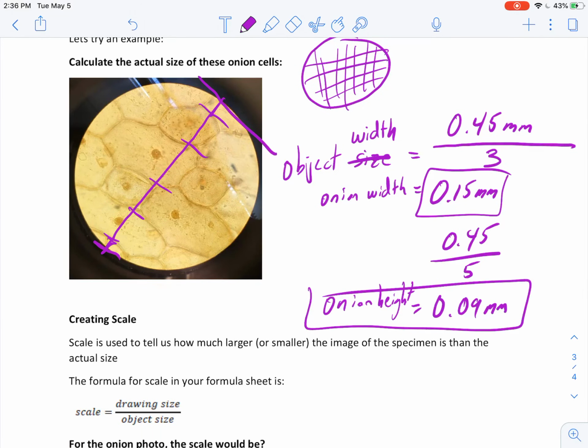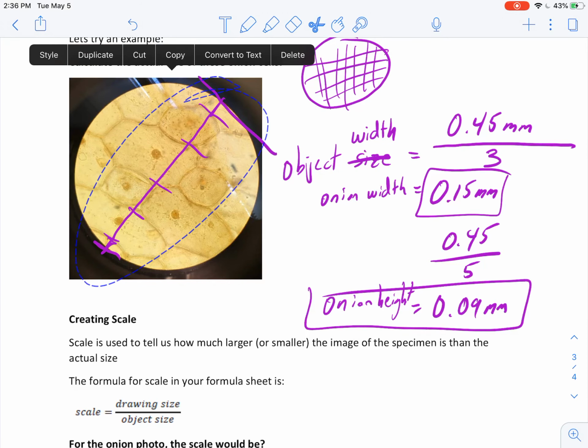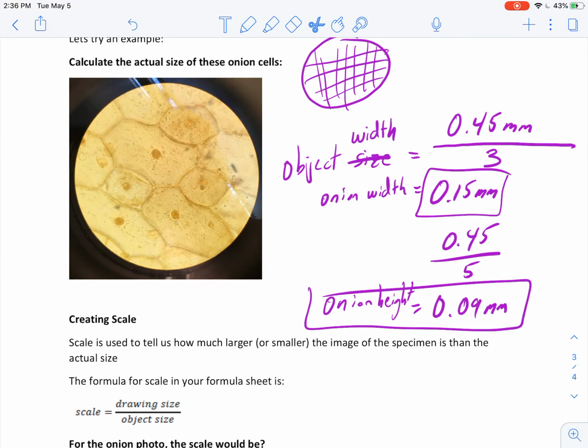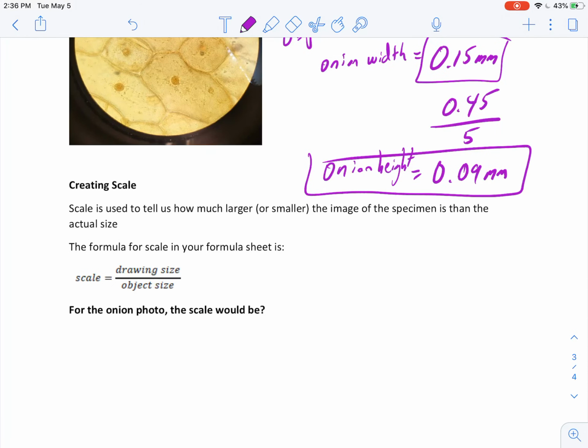If I was to give you this picture here, you would have to find what the scale is. Scale is used to explain how much bigger a picture is than the actual object. The formula for scale is your drawing size divided by your object size.